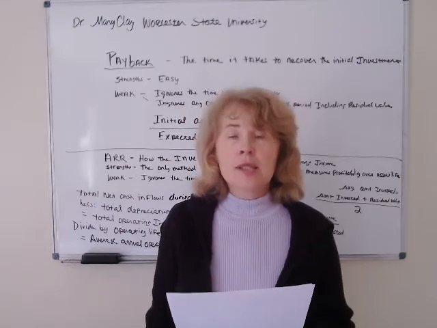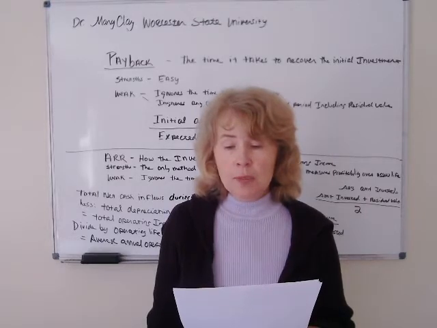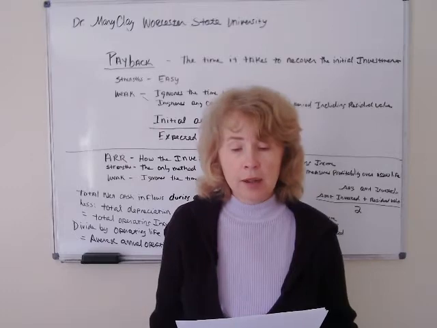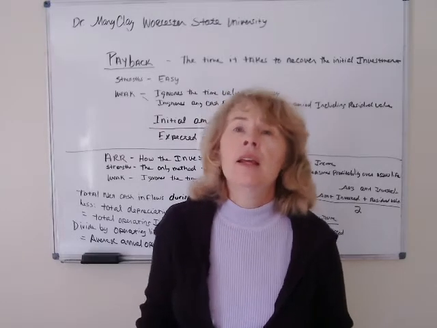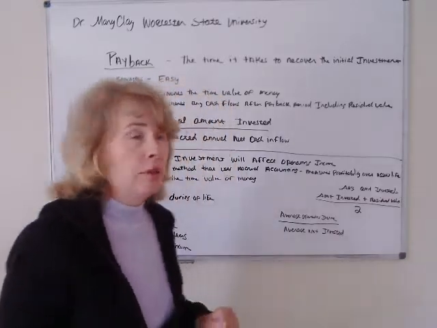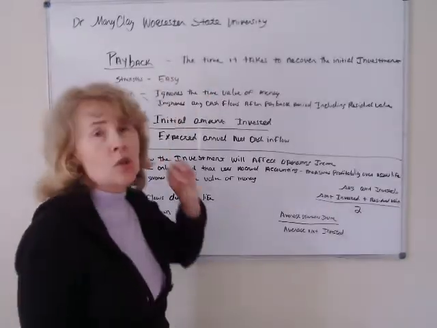The company uses the straight line depreciation method, and its stockholders demand an annual rate of return of 10% on investments of this nature. Okay, let's focus on the payback method first. Here's what it's going to tell us.